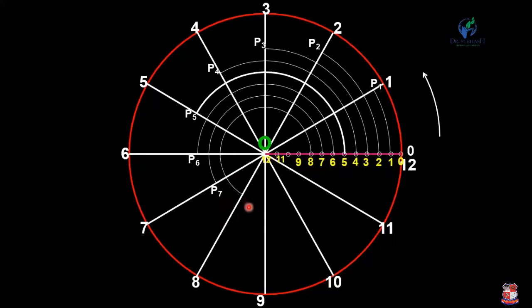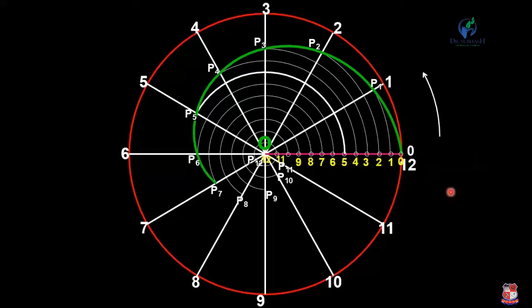Similarly, find the points P8, P9, P10, P11, and finally P12 point is at center. Now join all these points by a smooth curve. So this curve is known as an Archimedean spiral.